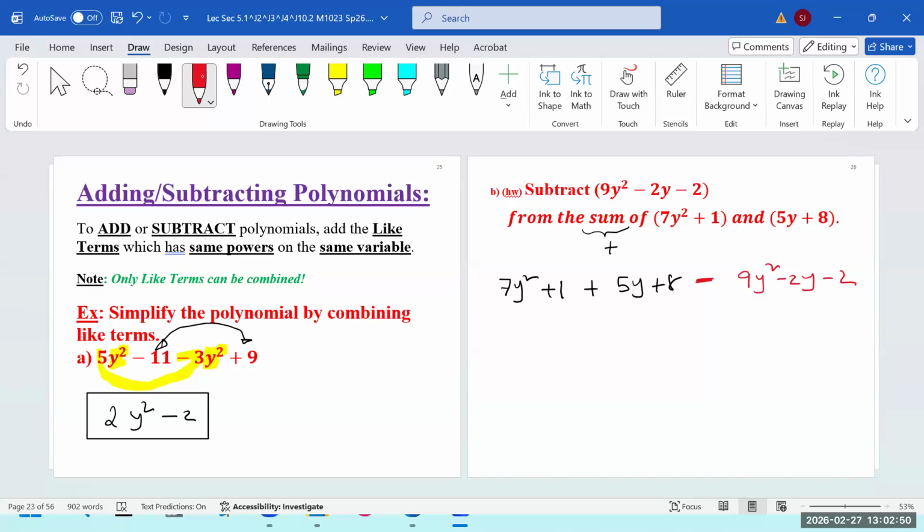But I did something wrong here. Parentheses. Why? Because anytime you subtract more than one thing, the signs will change. If you subtract a minus, it will turn into a plus.